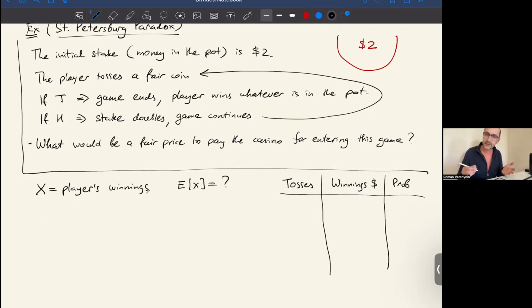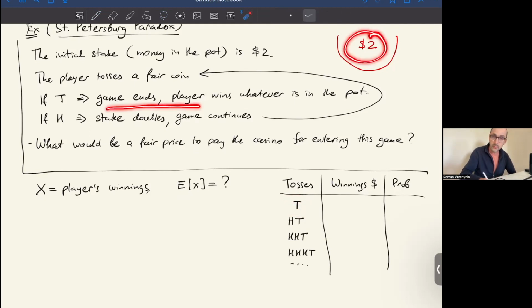Here are all possible scenarios that can happen in this game. Either your first toss was a tail and then the game ends, or you toss head and then a tail, or head, head, then a tail, or head, head, head, and a tail, and so on. If your first toss was a tail, your winnings are $2.